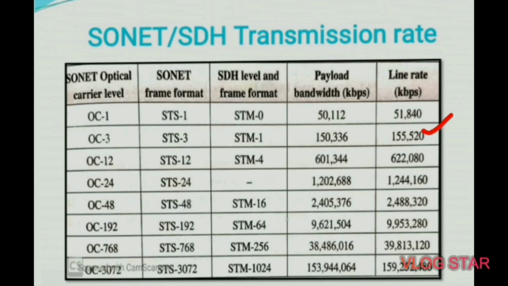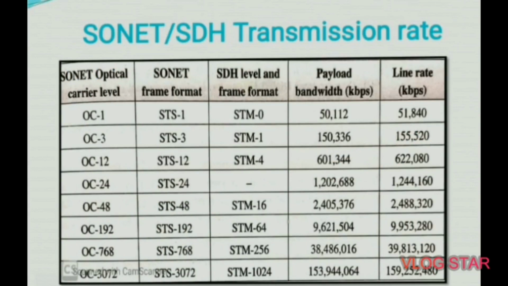Higher levels of SONET signaling increase the bandwidth in successive multiples of 4, up to approximately 45 gigabits per second. The speed and cost of SONET make the technology competitive with alternatives like ATM and Gigabit Ethernet.